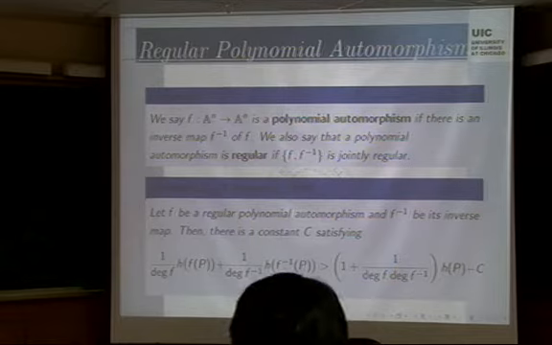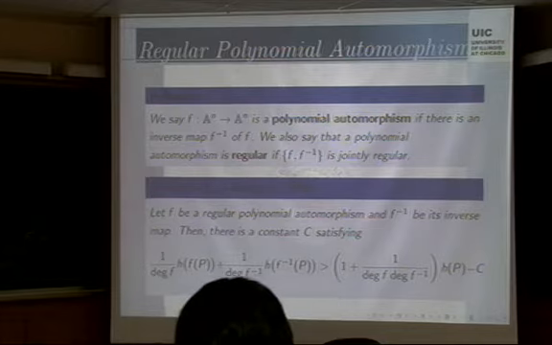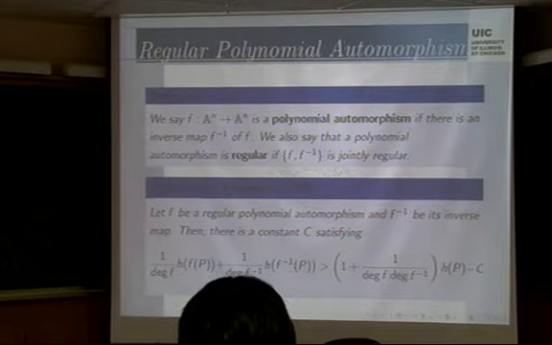So it's not enough to claim we have canonical heights there, but this inequality is strong enough to claim we have canonical heights for regular polynomial automorphisms.